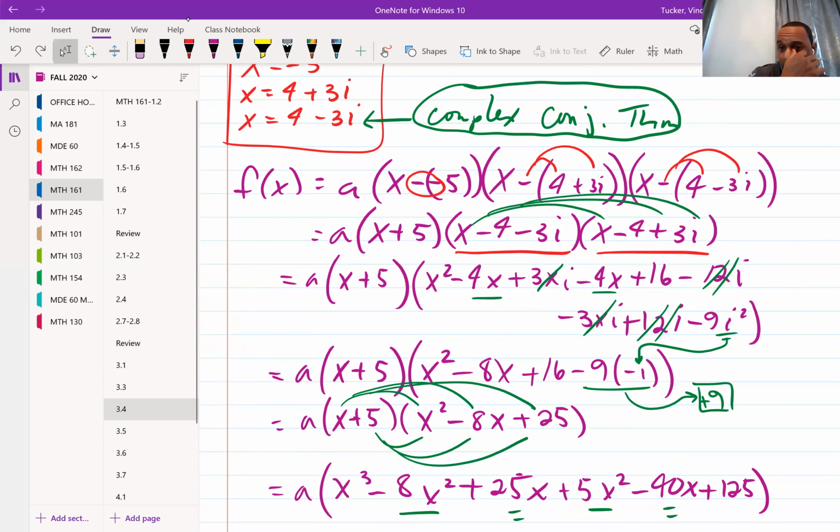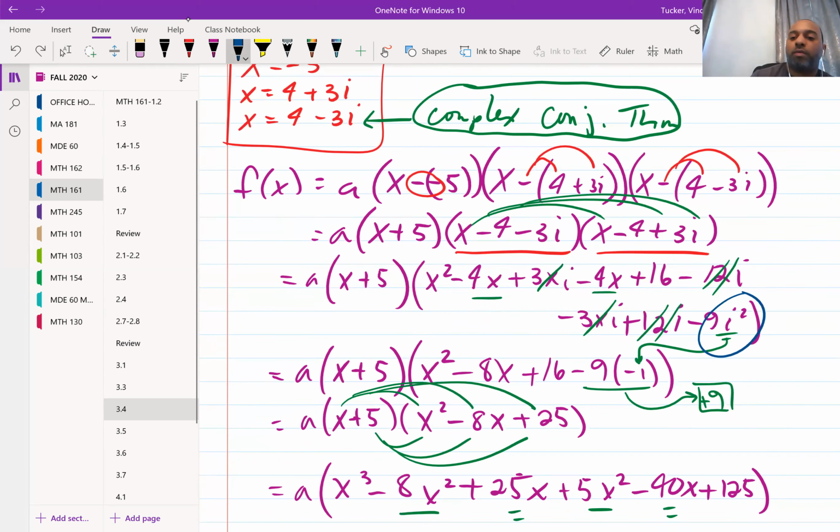All right, so we have our terms, imaginary parts that cancel. Positive and negative 3xi will cancel. Positive and negative 12i will cancel. Then we have like terms in the 4x's that will combine to give us negative 8x.